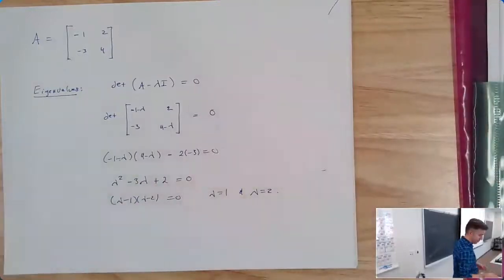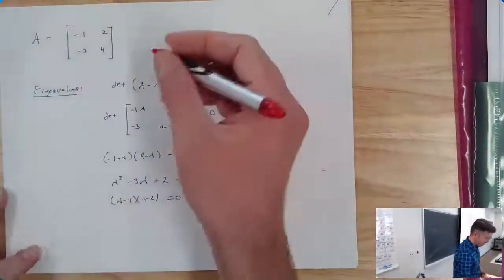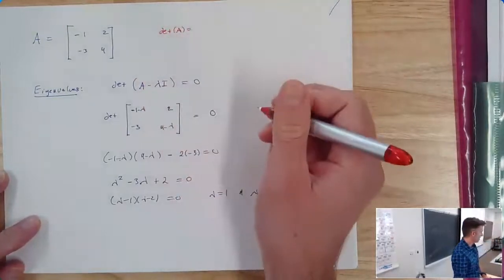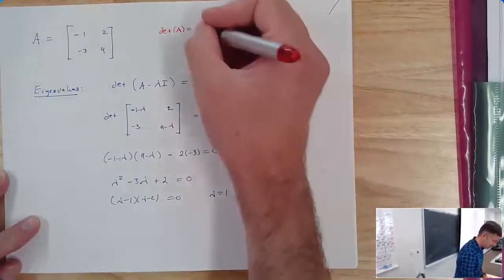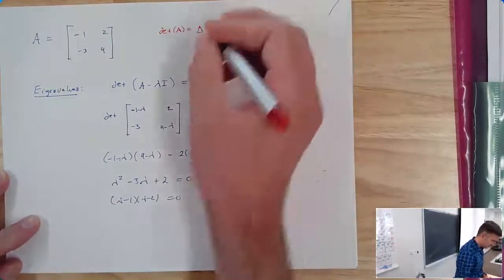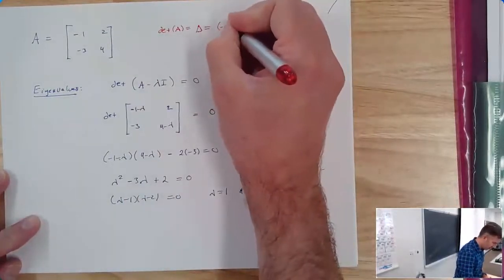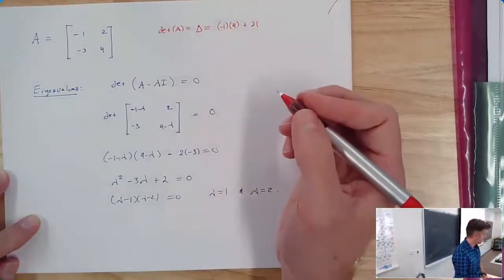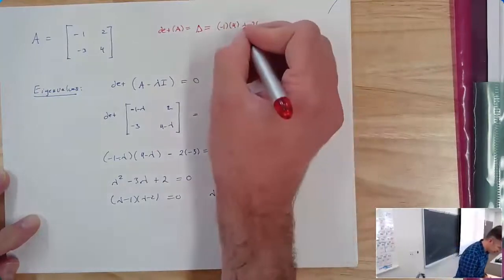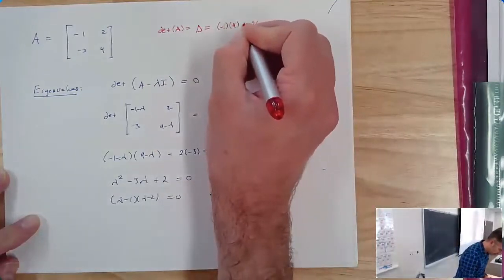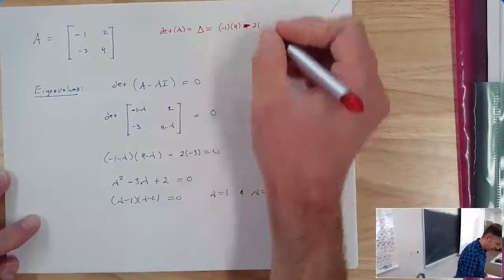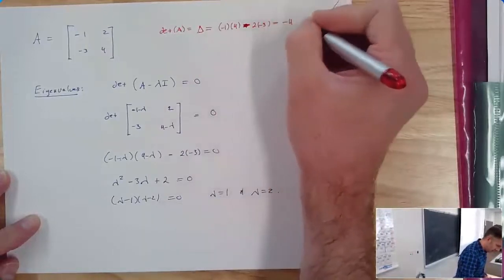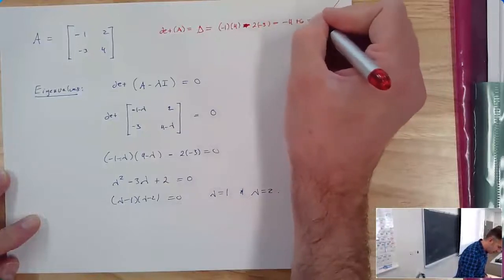You already know how to find the determinant of this matrix. The determinant of A, which we often use the capital letter delta for, is equal to -1 times 4, minus, sorry, don't make silly mistakes like that, minus -2 times -3, which is -4 plus 6, which is 2.